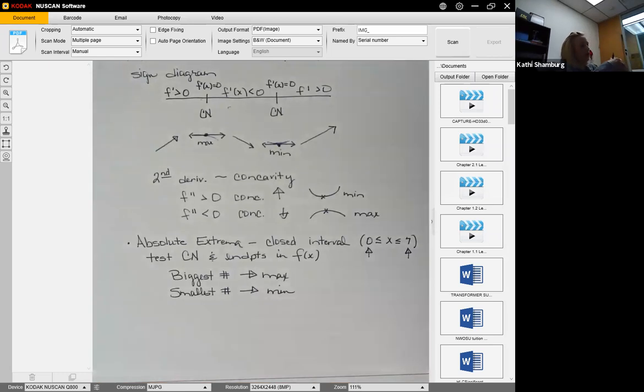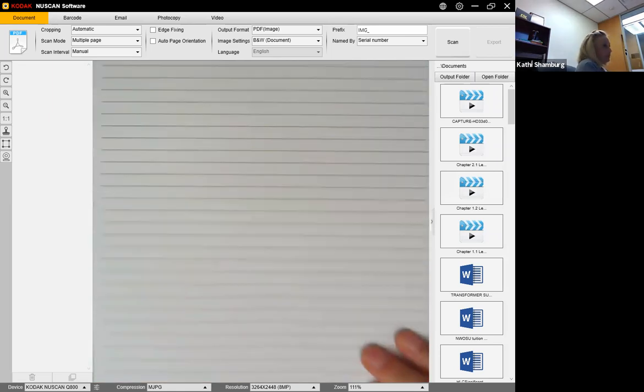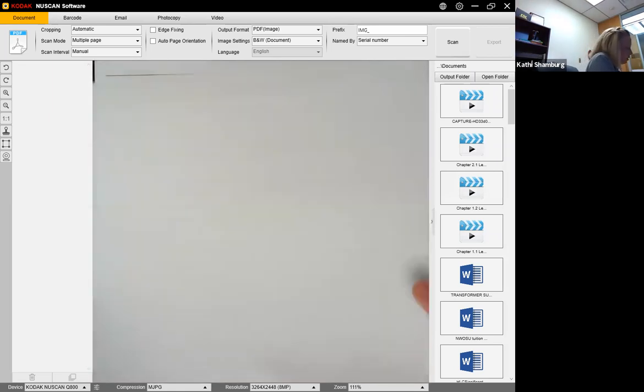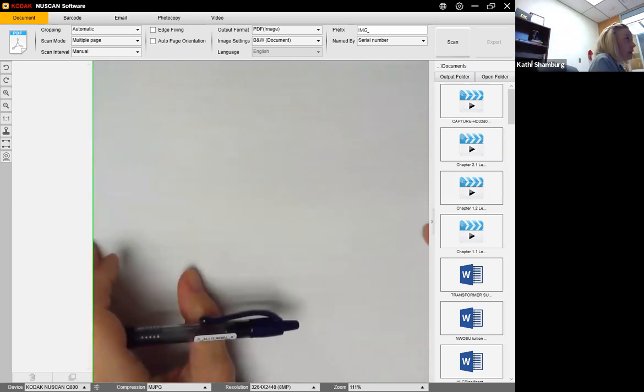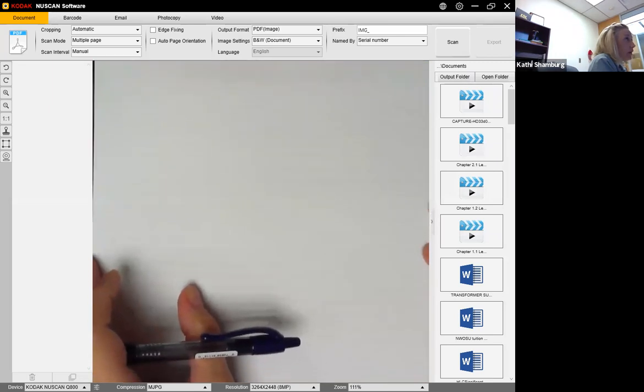So now we're going to look at how that is similar, but then there are some differences that we have to do when we're talking about multivariable functions. So we're going to look at the steps we need to take. Sorry, I'm going to get my page up there.